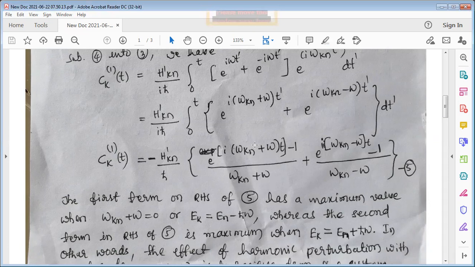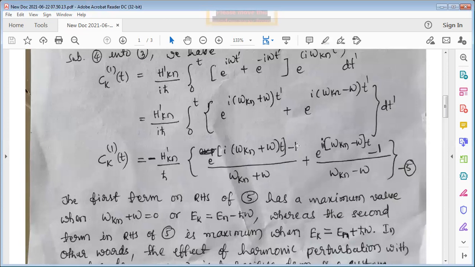Actually, this e raised to i times omega kn plus omega, into t, divided by omega kn plus omega, you get after putting the upper integral limit. And when you put the lower integral limit, that means 0, it becomes e raised to 0. e raised to 0 is 1, so 1 divided by this term.